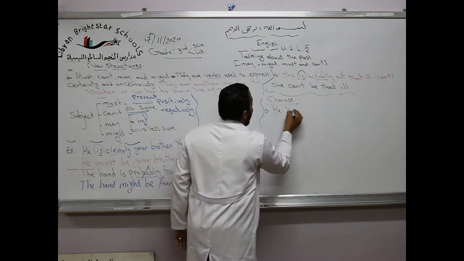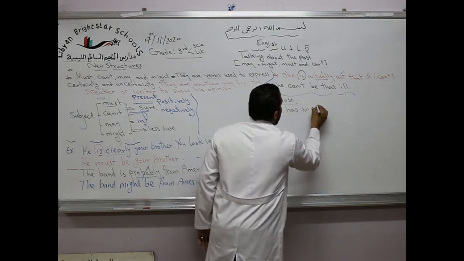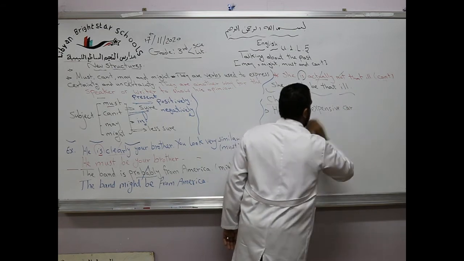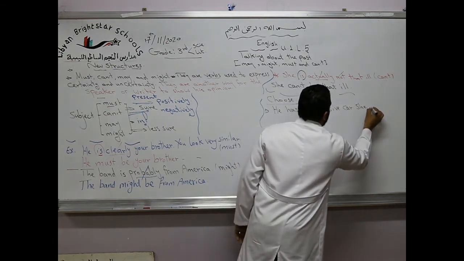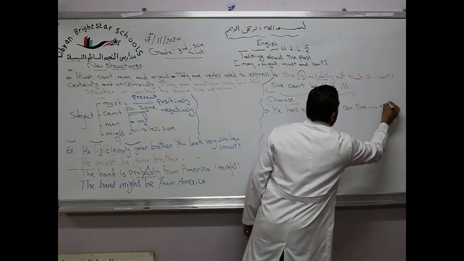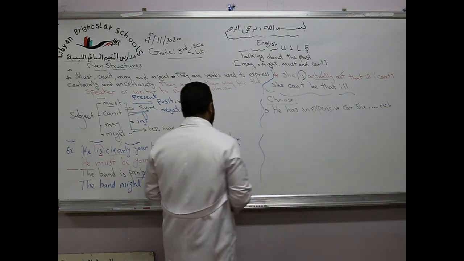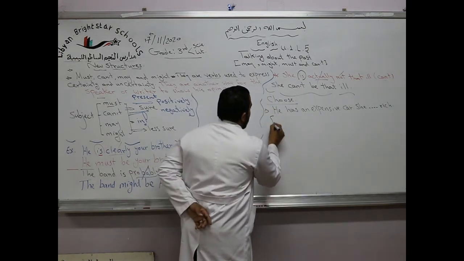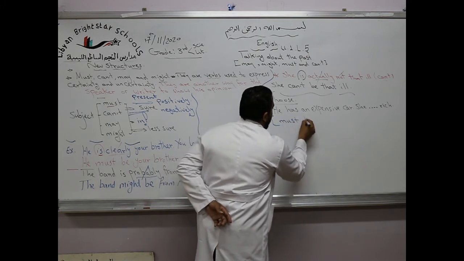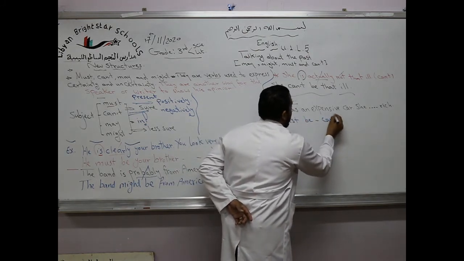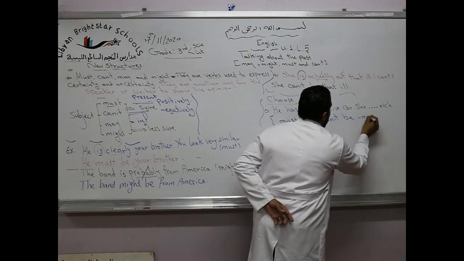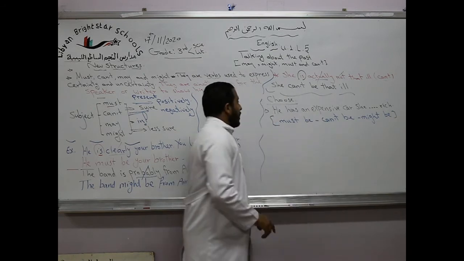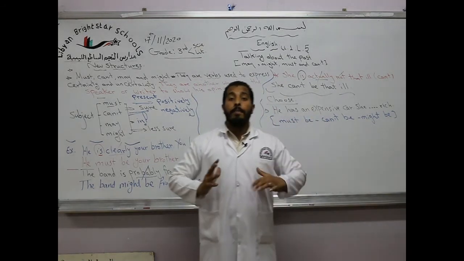Choose. She has an expensive car, so she is rich. Use must be, can't be, or might be. He has an expensive car. He has a modern car.